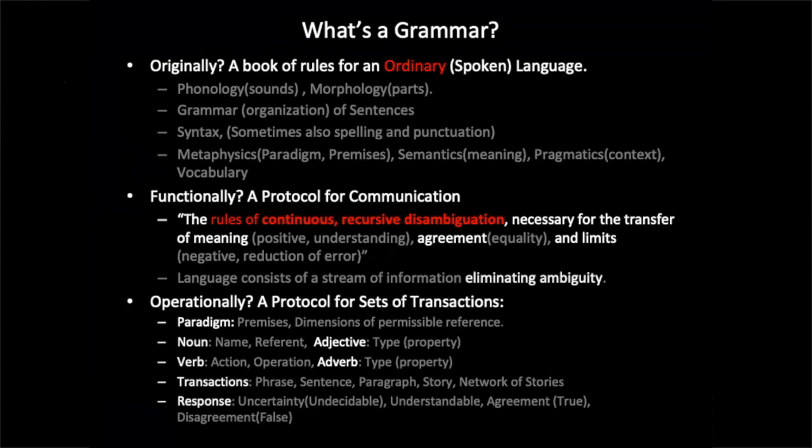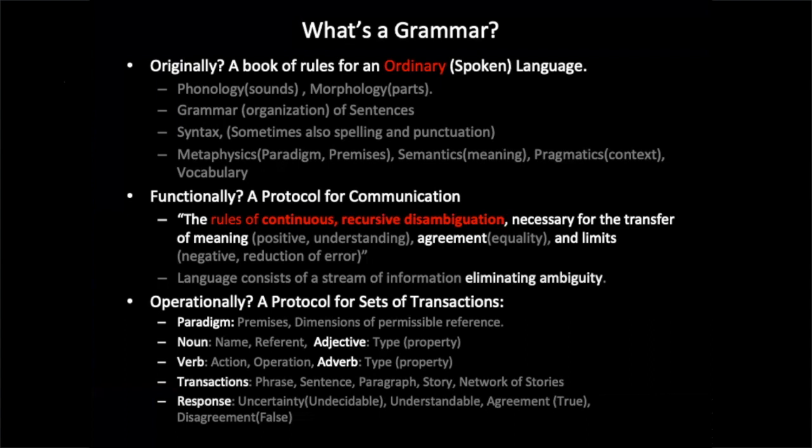The discipline of grammar studies the phonology of sounds, how we make sounds, morphology, how we make words, and the syntax, which is the organization of spelling, punctuation, and word order, grammar being more about sentences, and metaphysics being the paradigm and premises within our framework. In other words, contrary to our intuition, there are presumptions in every language. There are metaphysical biases in each language and presumptions about the world that come from the group's evolutionary strategy.